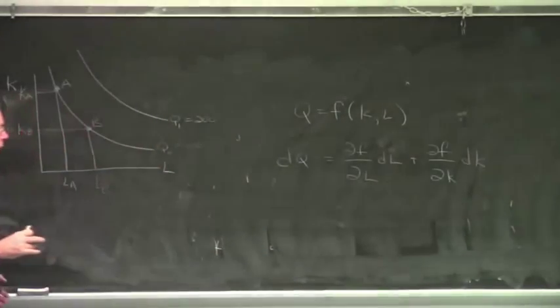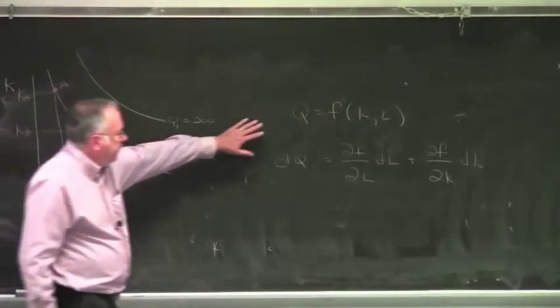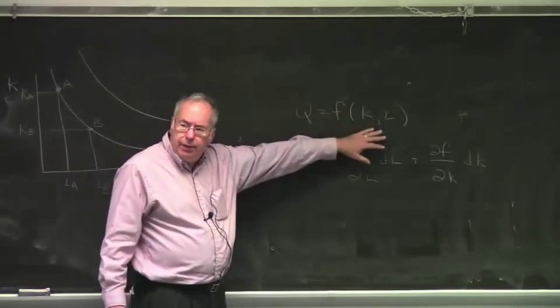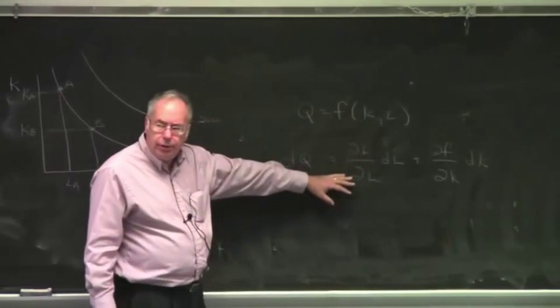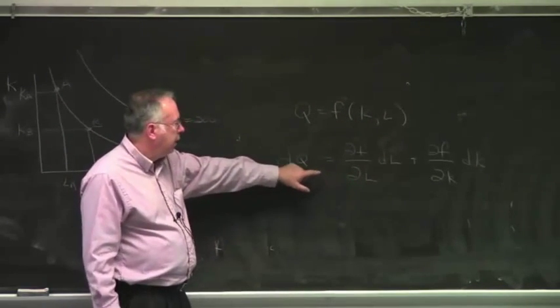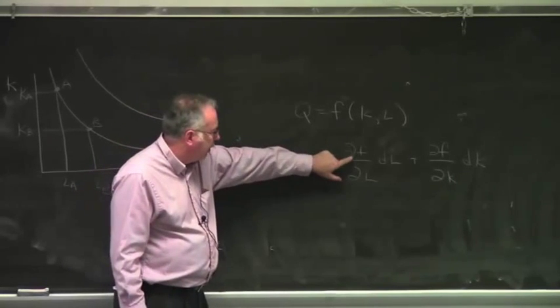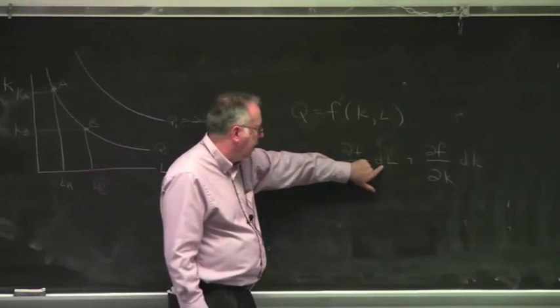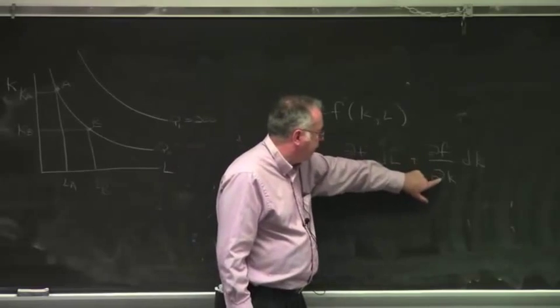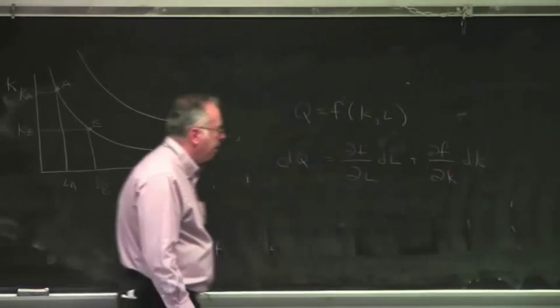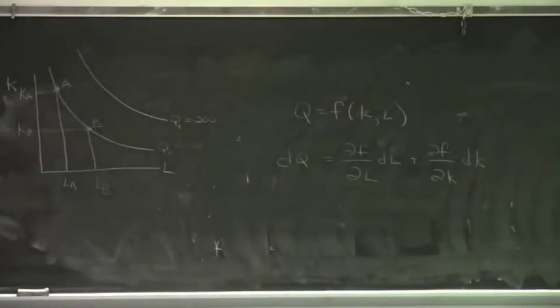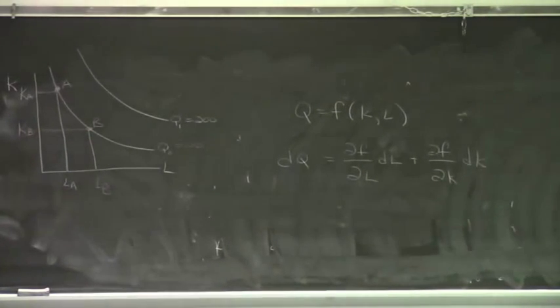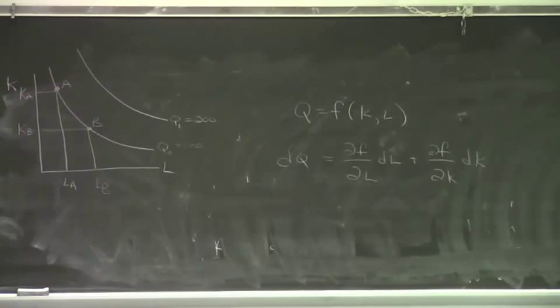Anytime you have a dependent variable that is a function of two independent variables, the total differential will always take this form. Here, we're putting this one first, partial F, partial L times dL plus partial F, partial K times dK. So anytime you have a function of two variables, the total differential will be expressed this way.